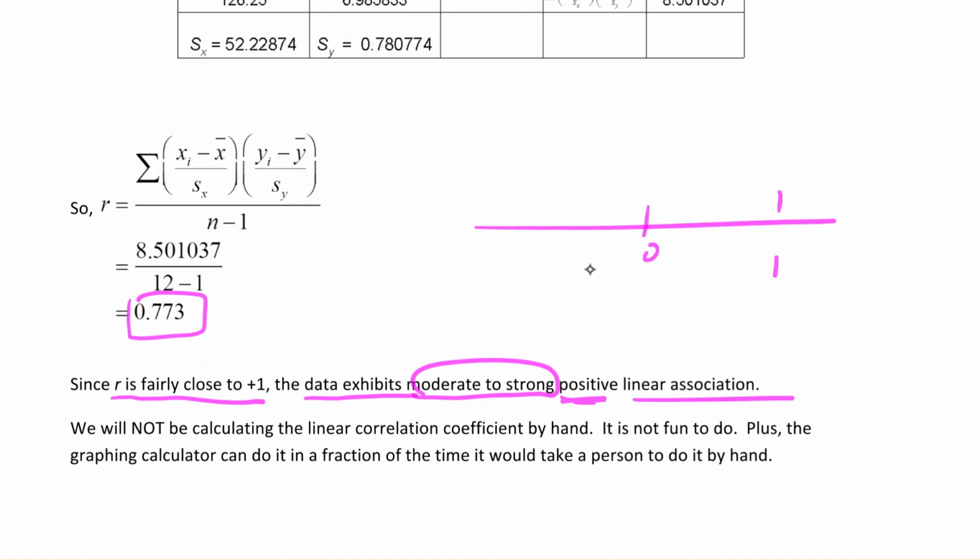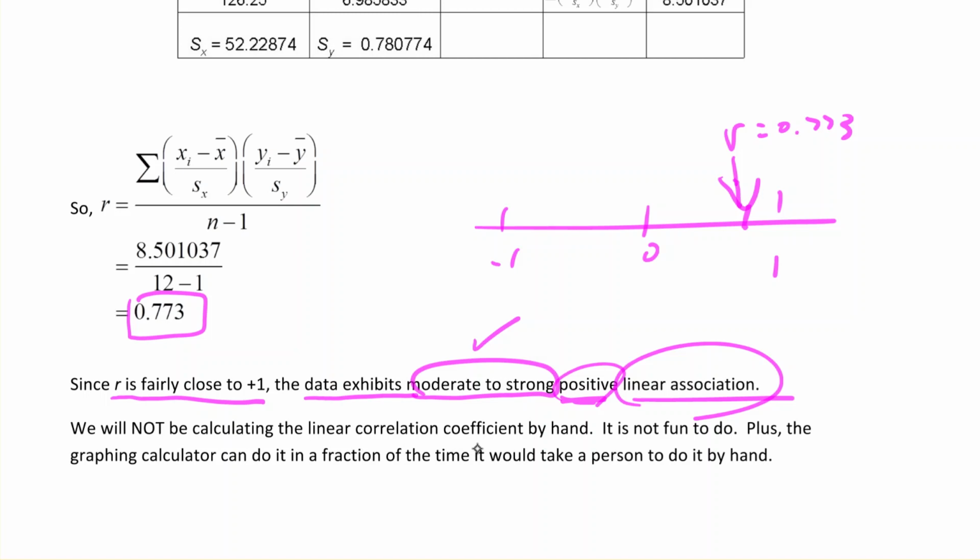So 0, 1, and negative 1. Here's R, 0.773. So close to 1, there is linear. And because this number is positive, it is a moderate to strong positive linear relation. So it's telling two things.